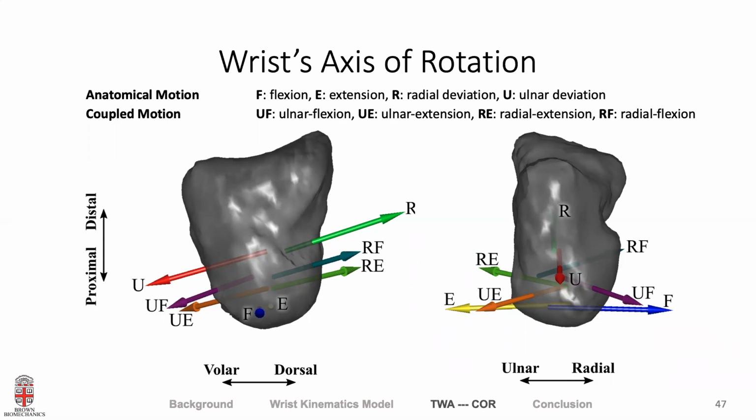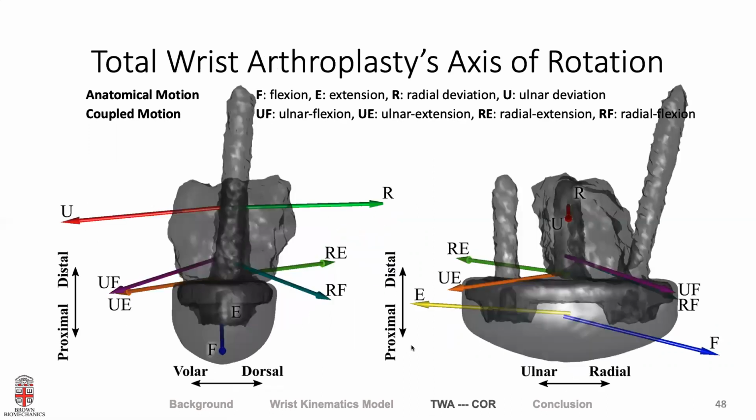In healthy wrists, the rotation axes for pure flexion extension and radial ulnar deviation were orthogonal and consistent with the motion. The dart thrower's movement, which is radial extension to ulnar flexion, and the anti-dart thrower's, which is radial flexion to ulnar extension, followed the same pattern for healthy wrist joints.